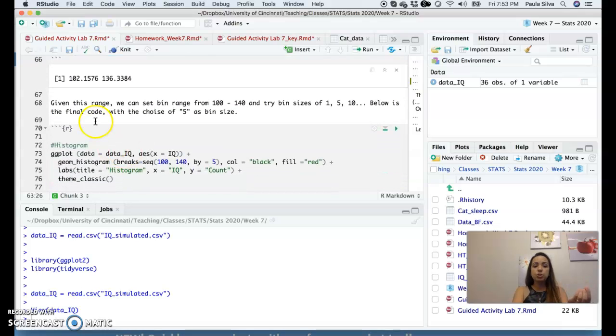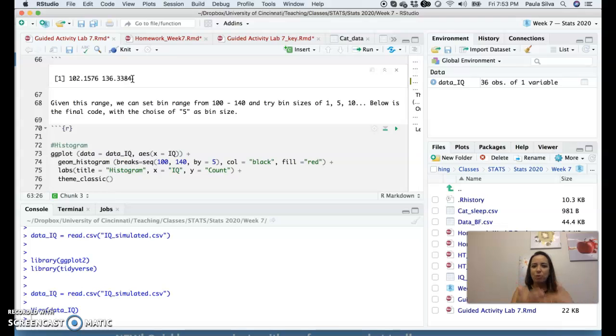Given this range, we can set the bin range from 100, which is below 102, all the way up to 140, which is above that. And we typically put these ranges with round numbers. Then we can try different bin sizes, 1, 5, 10, until we find one that looks good.